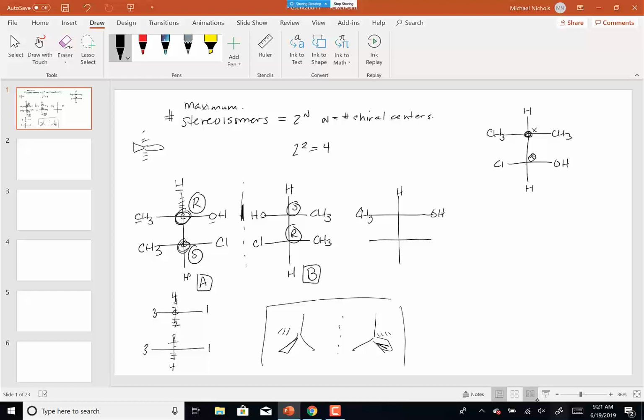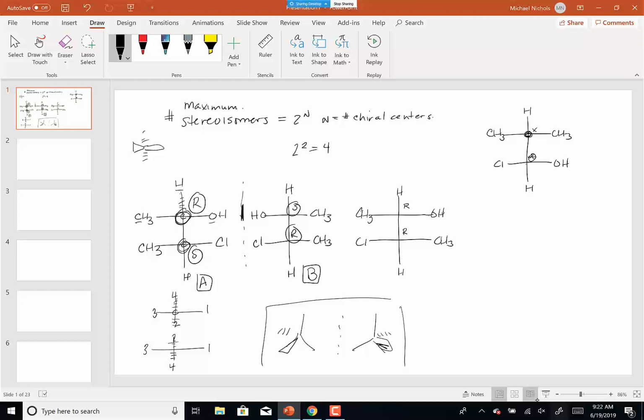And how was I able to draw that so quickly? Because I just looked at the first one and said, okay, that carbon's R. So I want to have the R, and then down here I want to have the second carbon R, so what should I have there? What should be on the left? Chlorine should be on the left, then methyl, and then hydrogen.